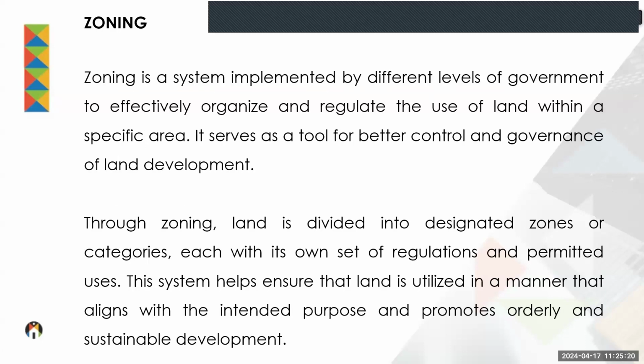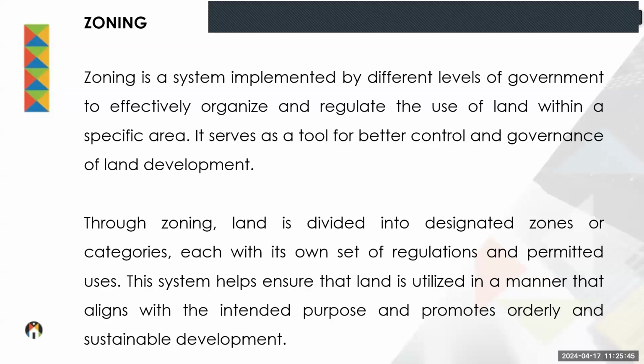Looking then at what zoning is. Zoning is a system implemented by different levels of government to effectively organize and regulate the use of land within a specific area. It serves as a tool for better control and governance of land development. You don't want an abattoir to be built next to your multi-million rand house.